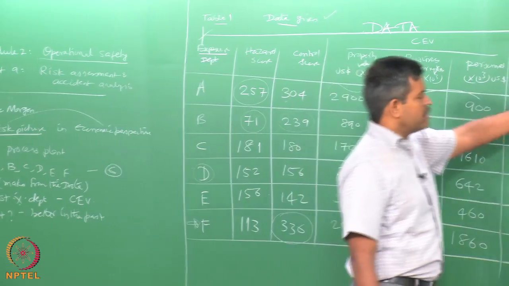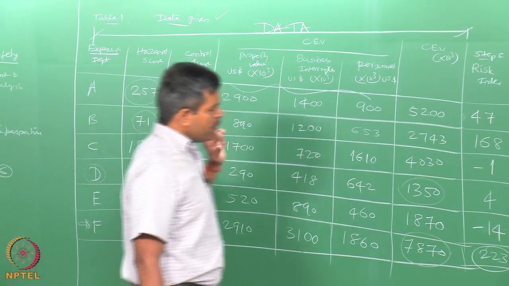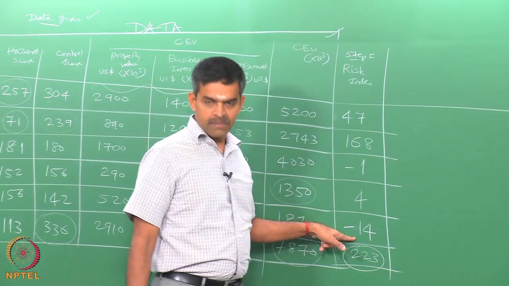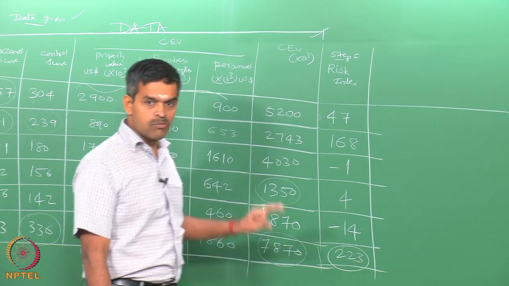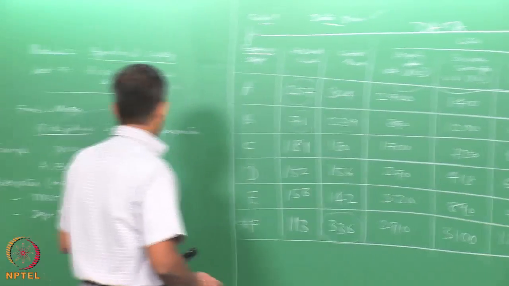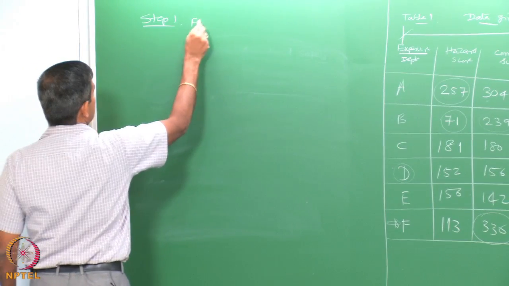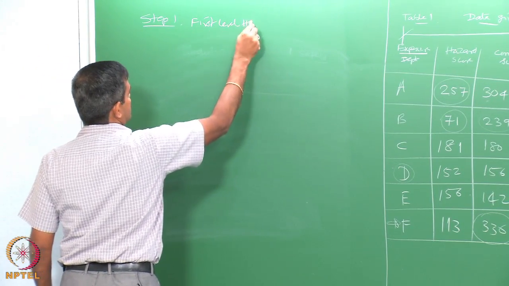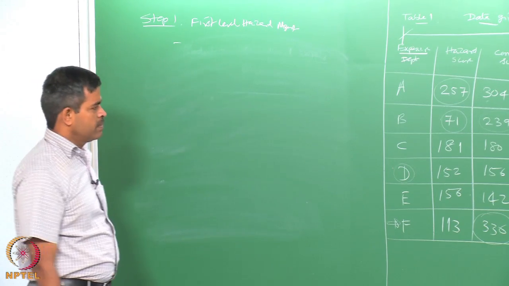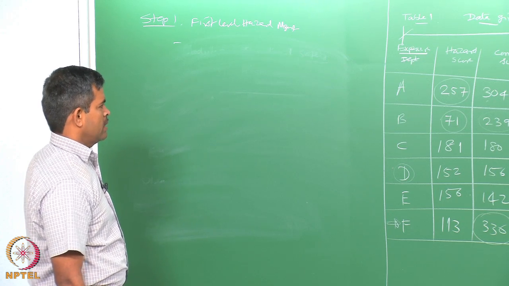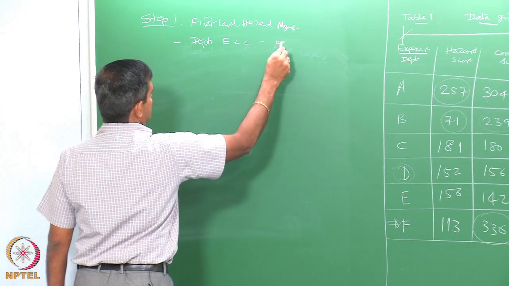So, I compute the risk index. From the risk index, I do the first level hazard management. I can easily understand that the departments which have negative numbers are dangerous, because hazards are far higher compared to that of the control score. So, they should be paid attention. So, I can develop an inference here. From step number 1, I do first level hazard management. Departments, let us say E and C, should be paid attention.